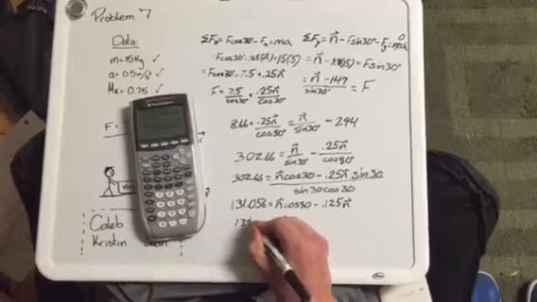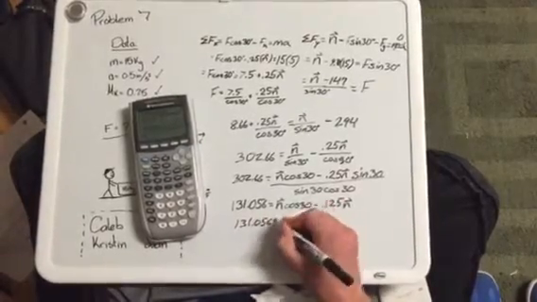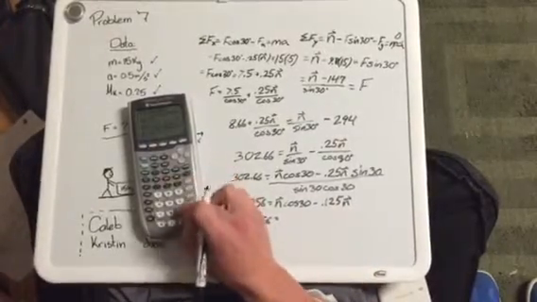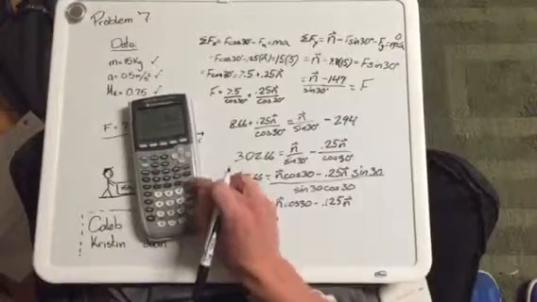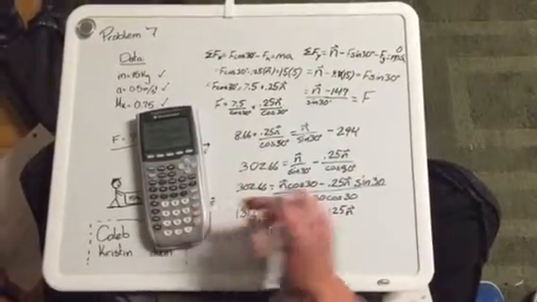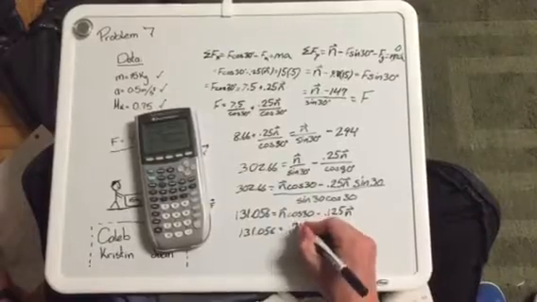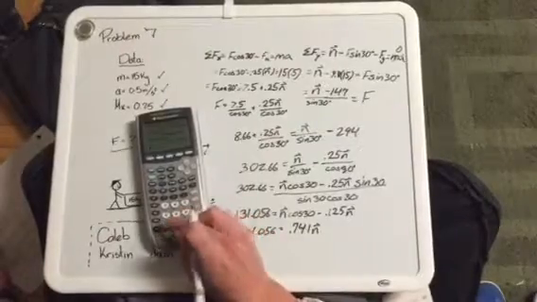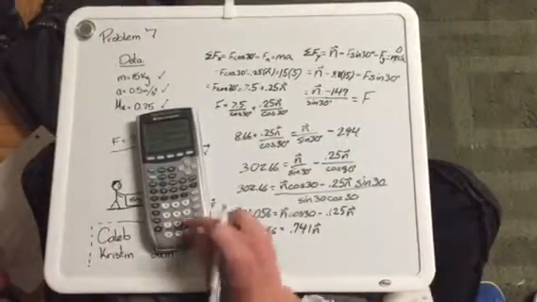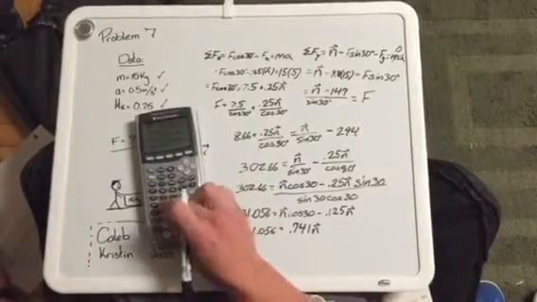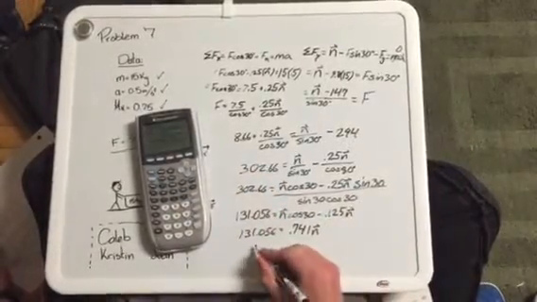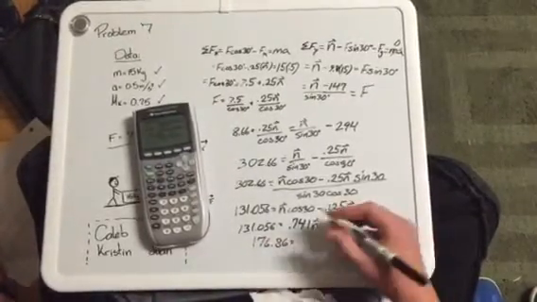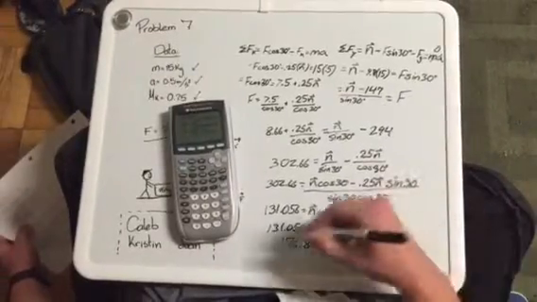Combine the terms. Cosine 30 minus 0.25 is 0.741 force normal. Divide it out. Which equals 176.86 equals our force normal.